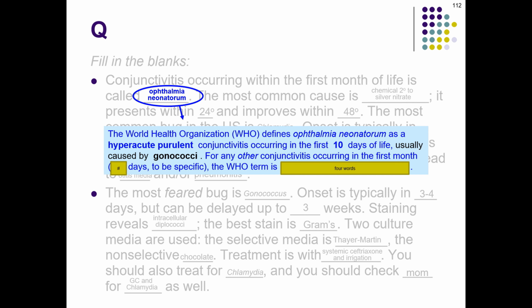And for any other conjunctivitis that happens during the first month, basically 28 days to be specific, the WHO term is conjunctivitis of the newborn. So the WHO definition is very specific: ophthalmia neonatorum is mainly caused by Neisseria gonorrhoeae, and is a hyperacute purulent conjunctivitis occurring in the first 10 days of life. Any other conjunctivitis during the first 28 days of life should be termed conjunctivitis of the newborn.